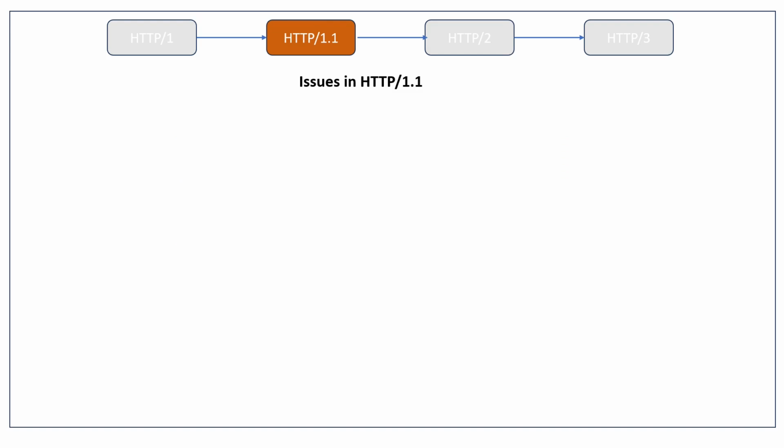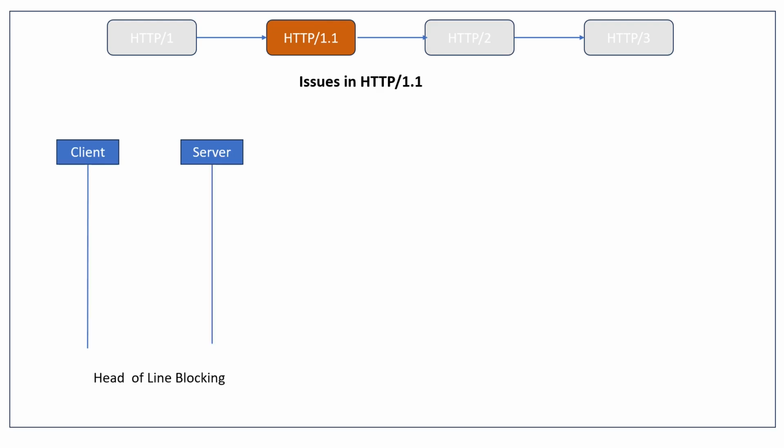Now there are some issues as well in this version. The first issue is head of line blocking. It means that, for example, a client requires 5 images and sends those requests to the server, but now the initial request is taking time to process or respond.